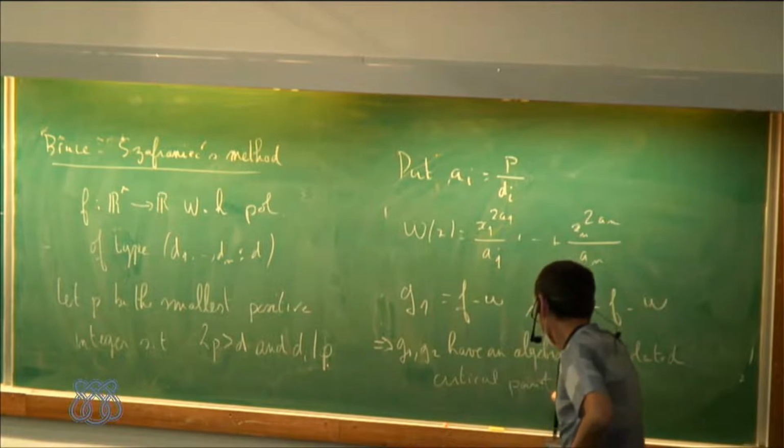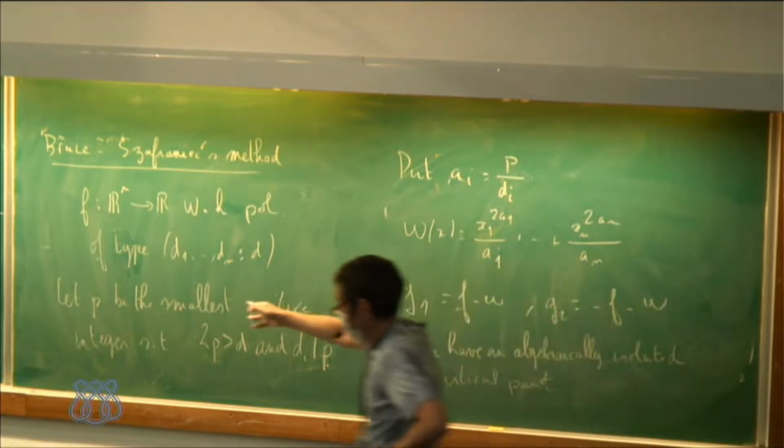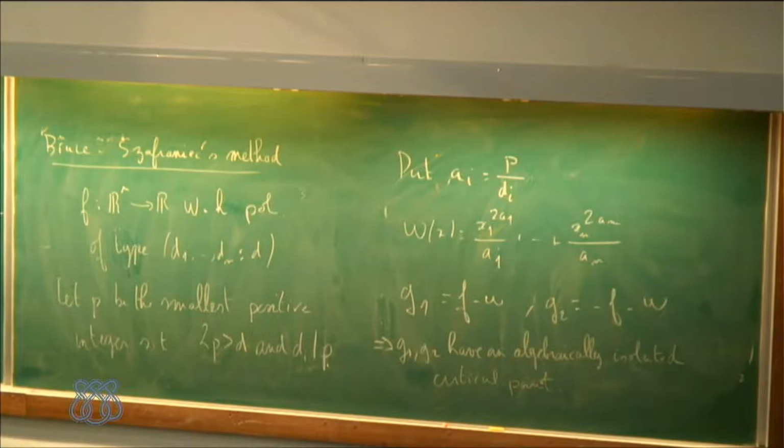So then we have a formula for the Euler characteristic of the links, from which we can deduce formulas for the fibers of the weighted homogeneous polynomial.